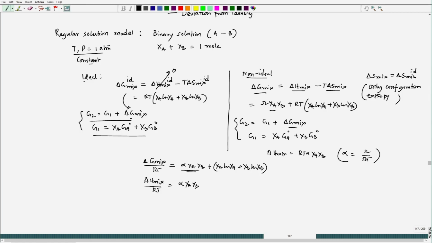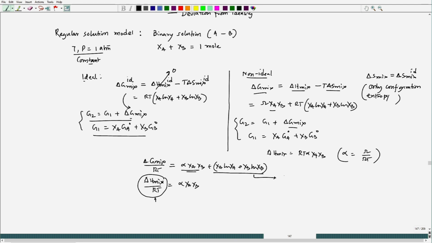That is what we have seen, and that happens because this term becomes higher and higher with the increase in the alpha parameter. We will see that around mid concentration this particular value would actually become more than the value of this quantity.